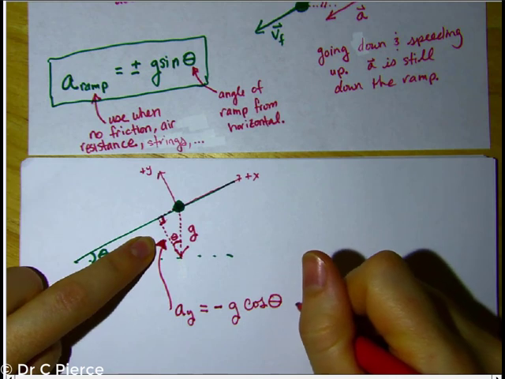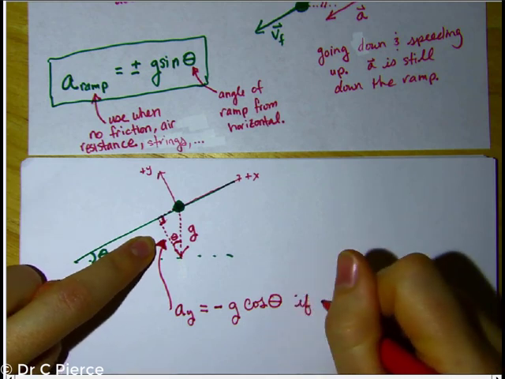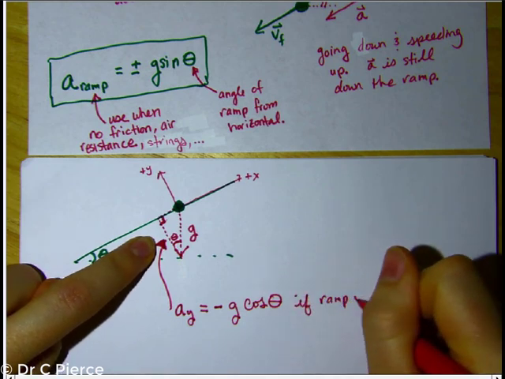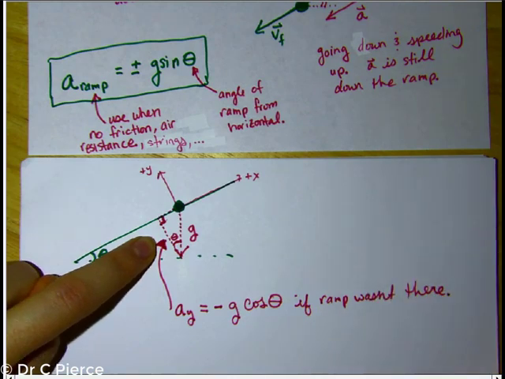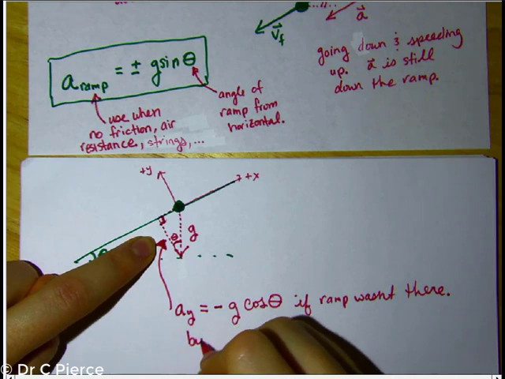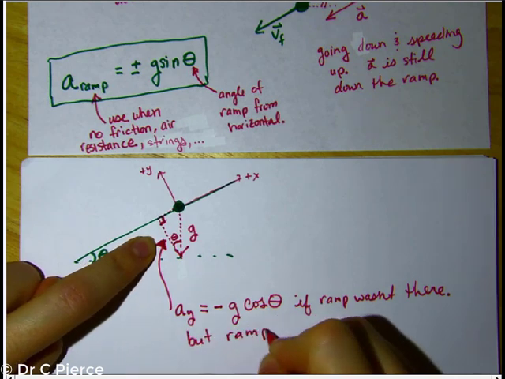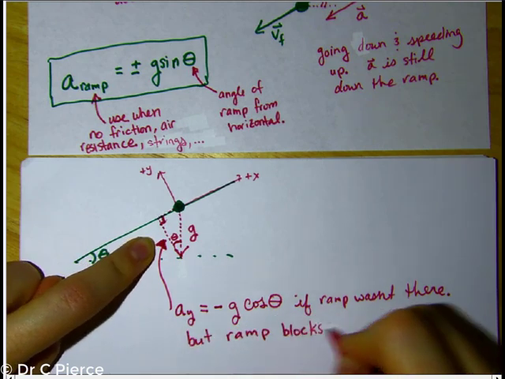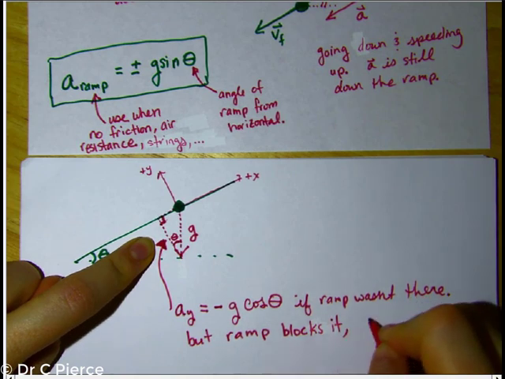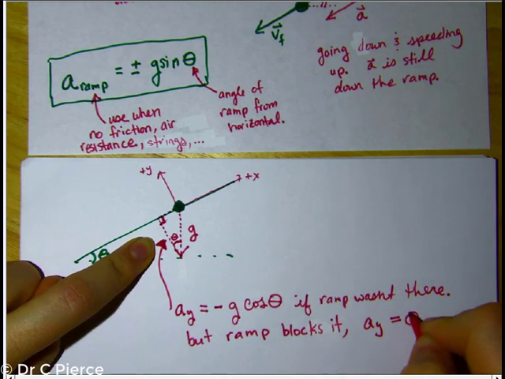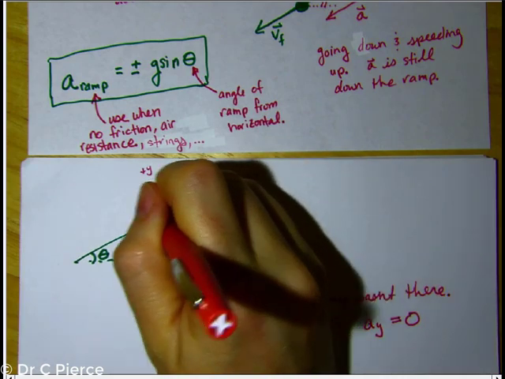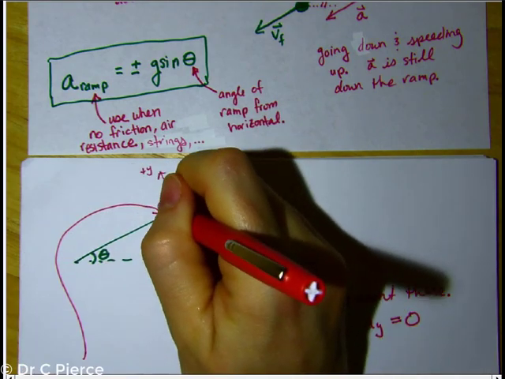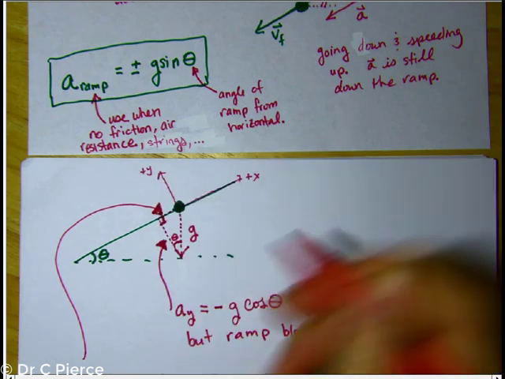And let's say if the ramp wasn't there, but the ramp blocks it. So then AY goes to 0. On this portion of the triangle is the opposite side.